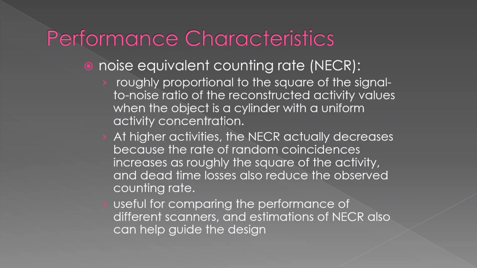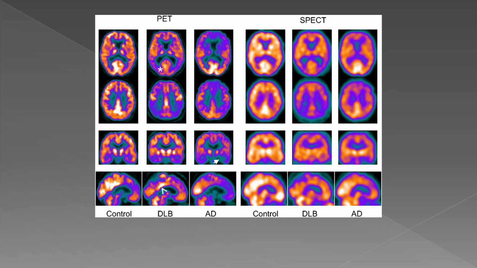And so noise equivalent count rate is kind of like a blanket way of comparing all the different manufacturers and seeing which one is going to have a better count rate versus noise.